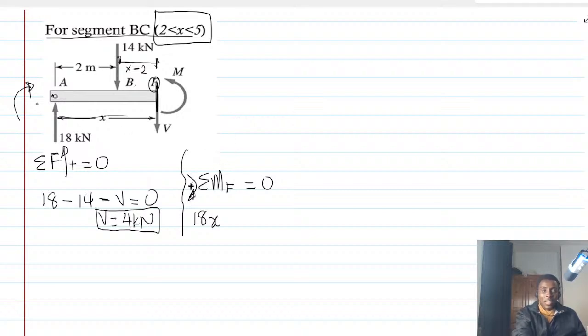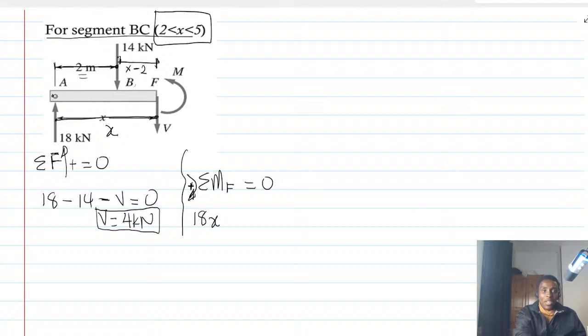But the 14 kilonewton about F, what is the moment arm? Everyone watch here, please watch here. The distance from here all the way to the section is x, but from here to a 14 kilonewton is 2.